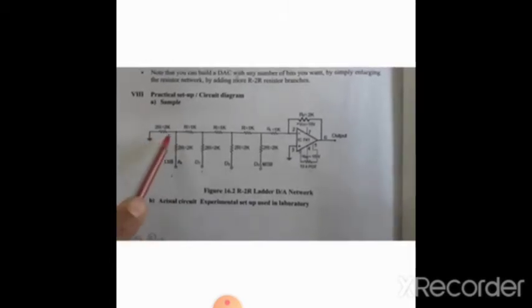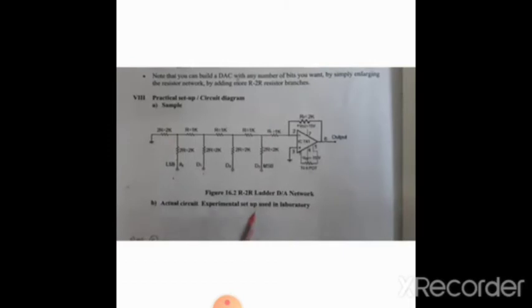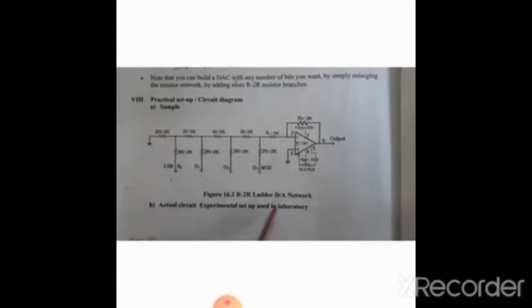Lastly, we have added one more 2k resistor, and it is connected to the ground. So this is the overall circuit diagram of the R2R ladder digital to analog converter.